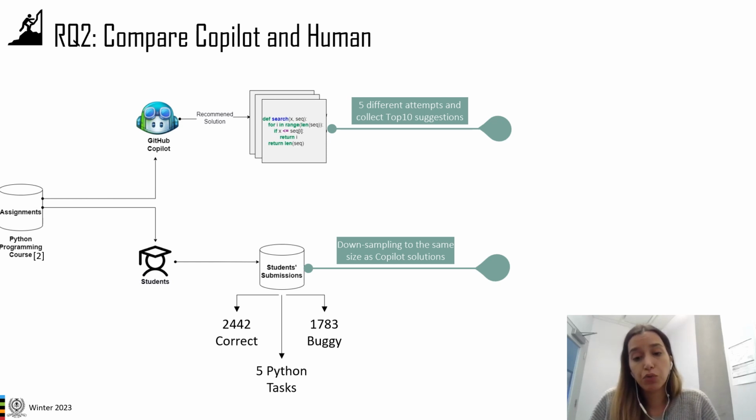We didn't want to just check if Copilot can solve these problems correctly. One of the things we were really interested in checking was the buggy code generated by Copilot, and comparing it with the buggy code of the students.